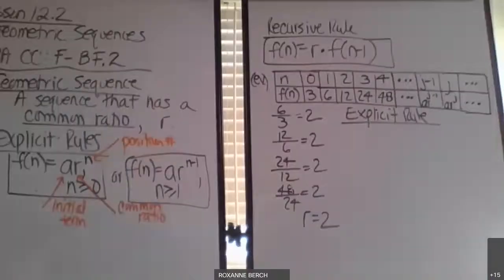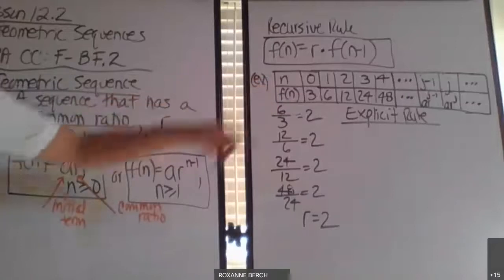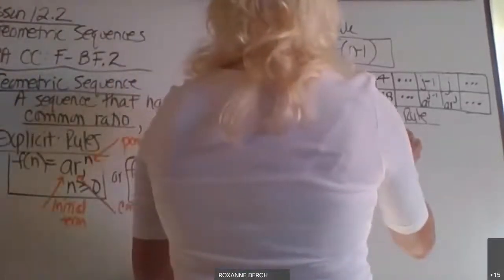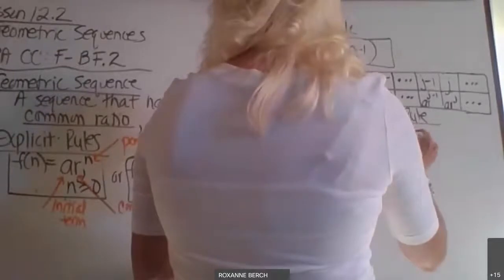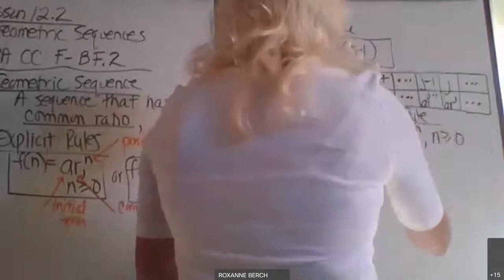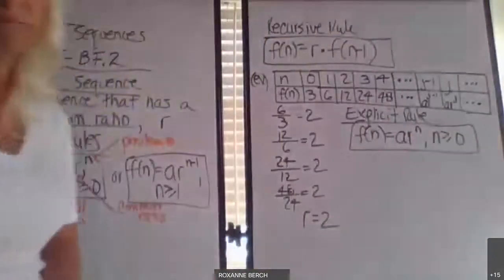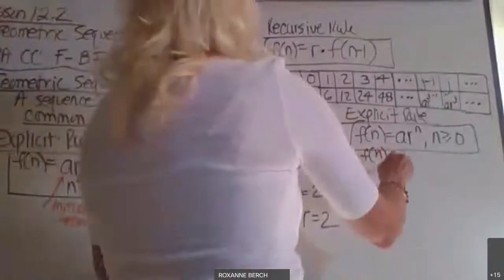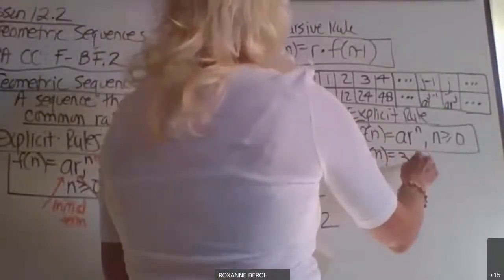So our explicit rule, we're starting at 0, so we're using this one, is f of n equal to a times r to the n, where n is greater than or equal to 0. So f of n would be the starting term, which is 3.